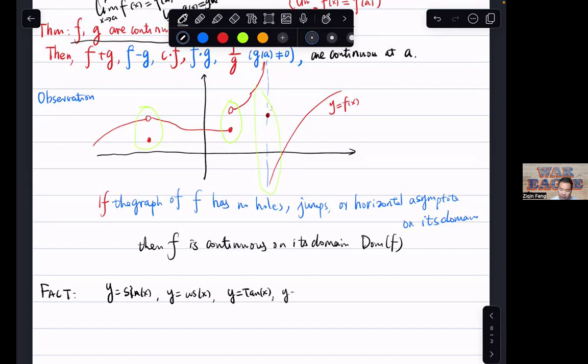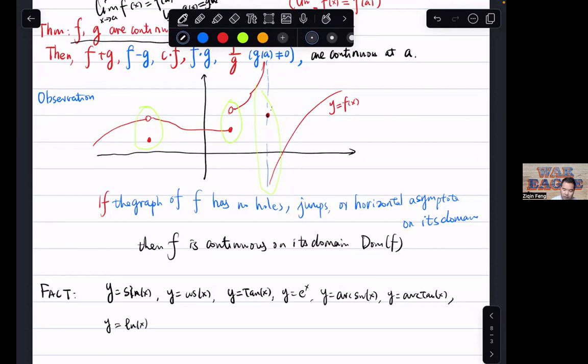And y equals e to the x, y equals arc sine of x, y equals arc tangent of x, y equals natural log of x.